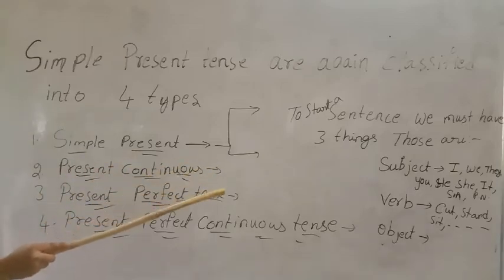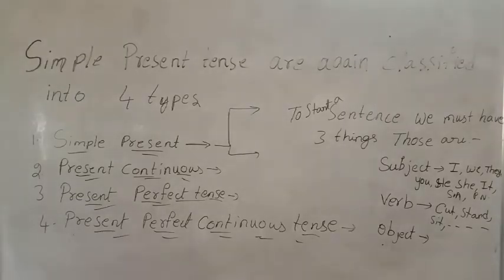So what is the first one? Subject. Subject here we can say as persons. So how many persons do we have? We all know that we have 3 persons. First person can be treated as I, and next, second person. Second person is nothing but you, Y-O-U.